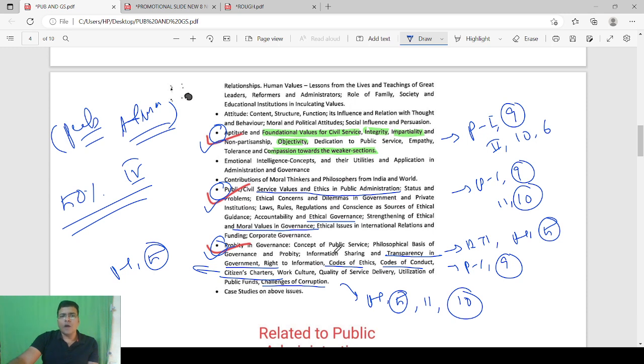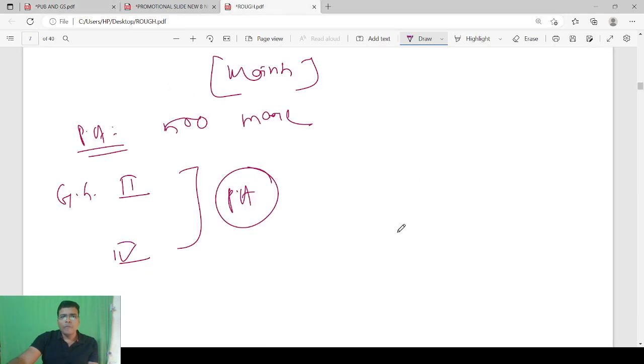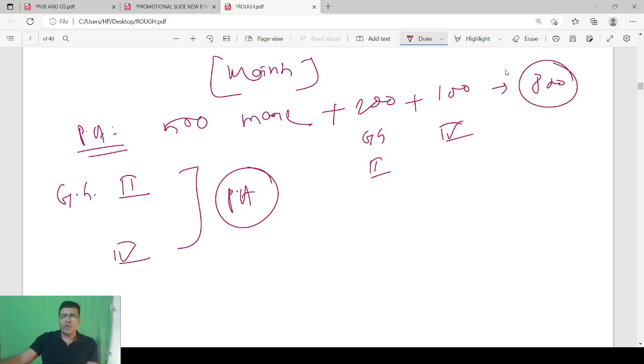So this is how public administration helps you in mains: in 500 plus, suppose 200 GS2 plus 100 GS4, so 800 marks you will get some help from public administration optional. So this is about public administration optional.